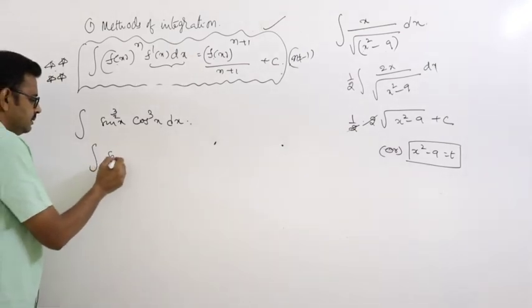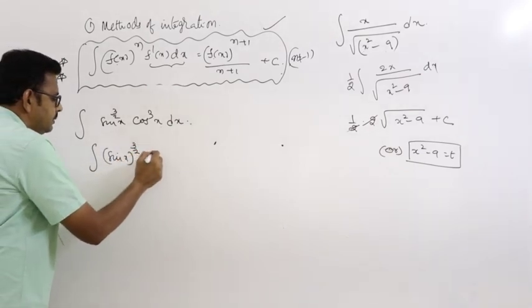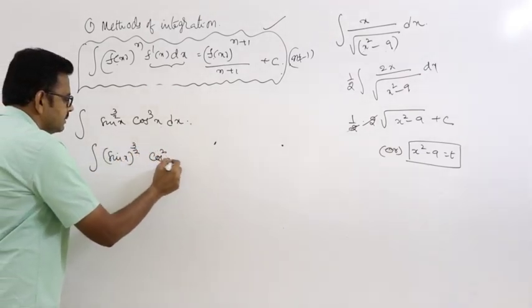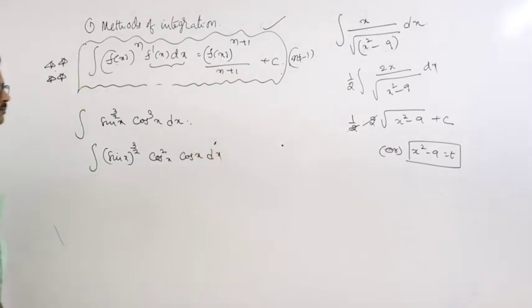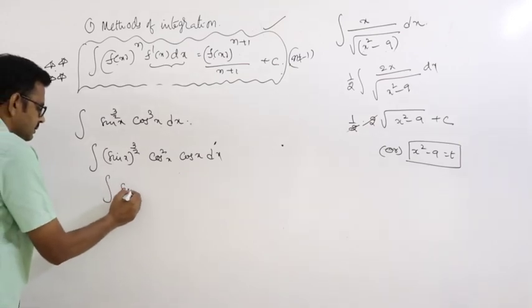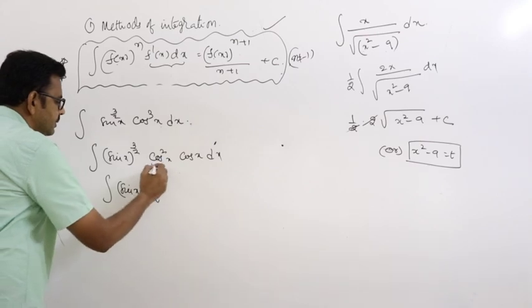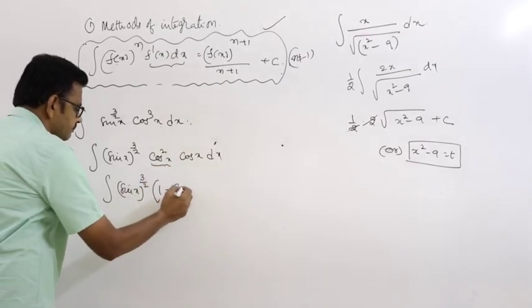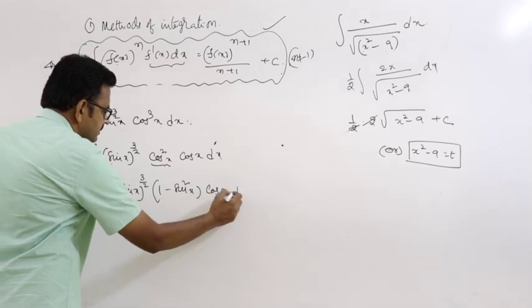Integral, this is sin x whole power 3 by 2 into cos square x into cos x dx. That is integral sin x whole power 3 by 2 into this, 1 minus sin square x, into cos x dx.